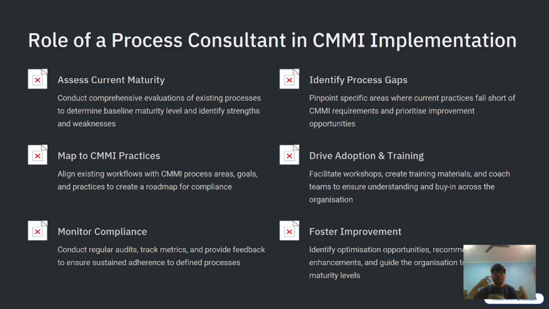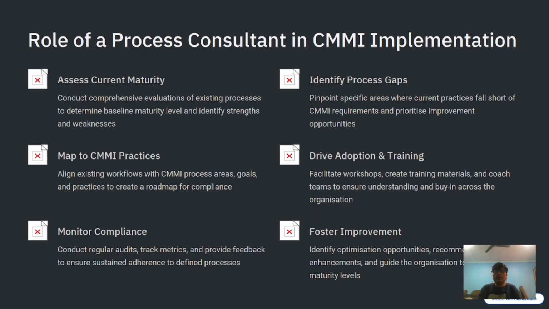But does that mean that the process consultant has to advise to stop that process and do whatever I am suggesting? No. Let's bring up that particular process and map that process to the CMMI level. If there are some improvements to be done, then do those improvements, and let's bring up the level of maturity in the project.